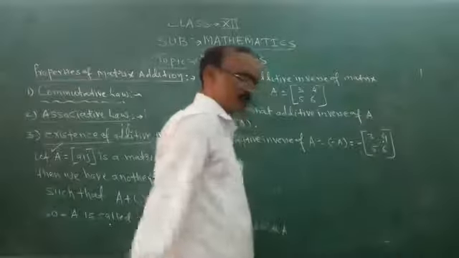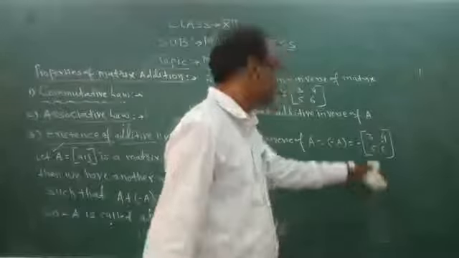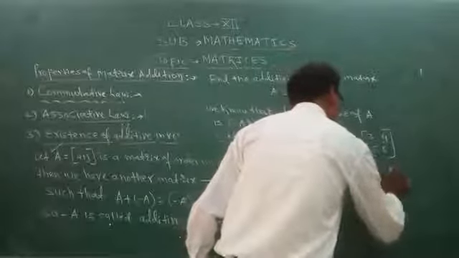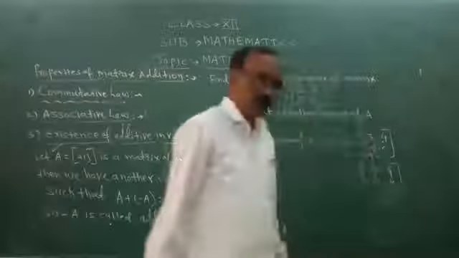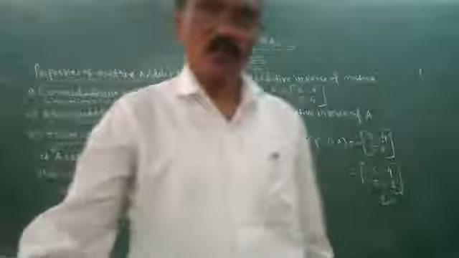We can multiply a matrix by a scalar number, minus 1. So it gives me minus 3, minus 4, minus 5 and minus 6. So this will be the additive inverse matrix of this matrix A. Okay. So thank you. We will stop here.